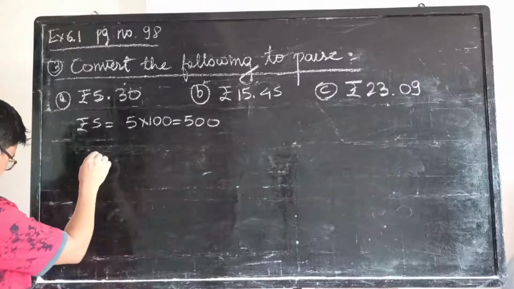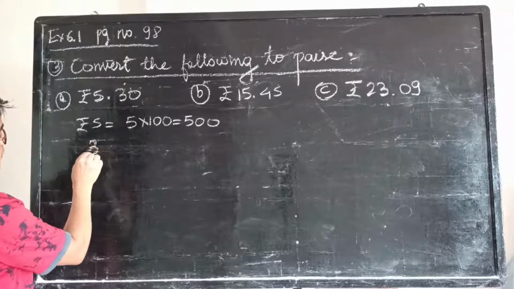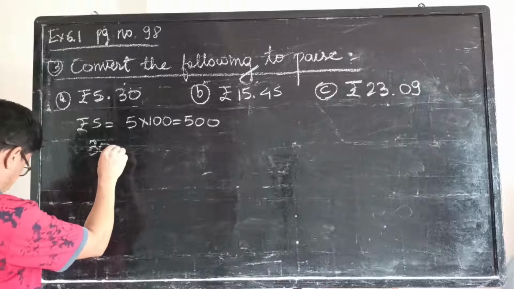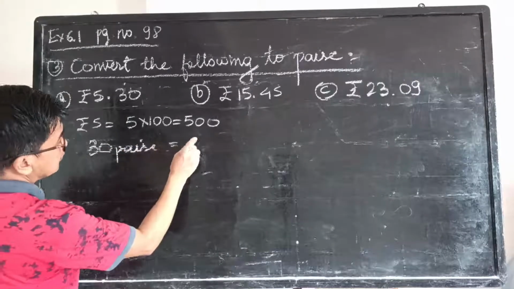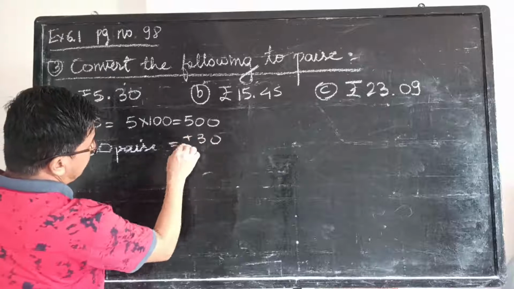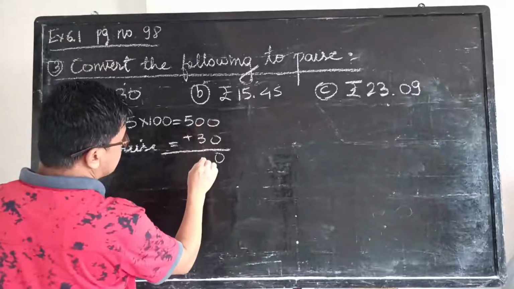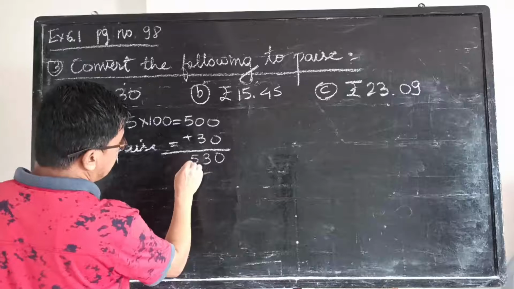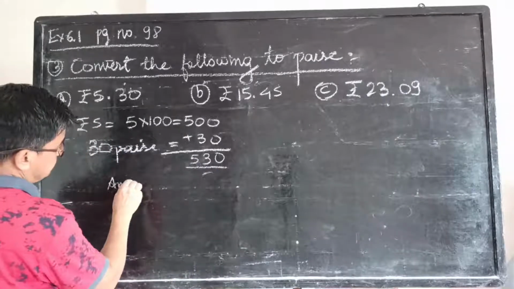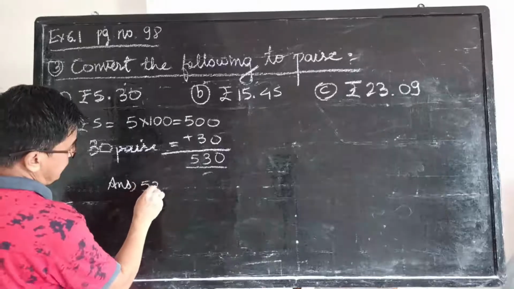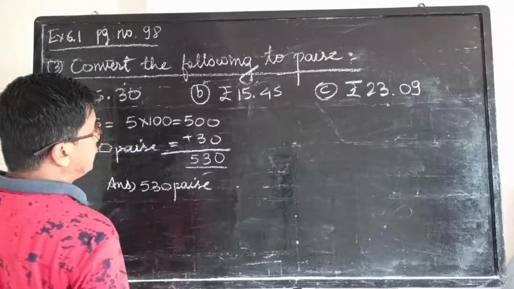And here there is 30 paise, which is equal to 30. Now add 0 plus 0, 0; 0 plus 3, 3; 500. The answer is 530 paise.